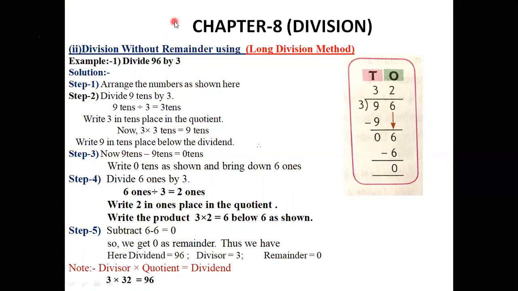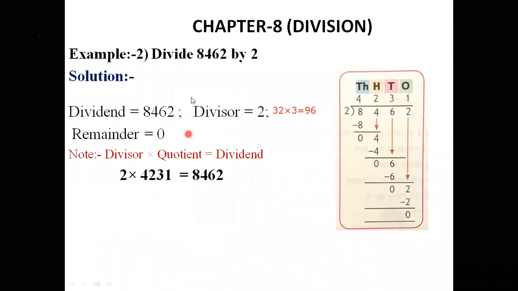When we multiply 32 into 3, we get 96, and this 96 is equal to the dividend. In this way we can say that our answer as a quotient and the remainder is correct. Now we go to the next example to understand this type of question.